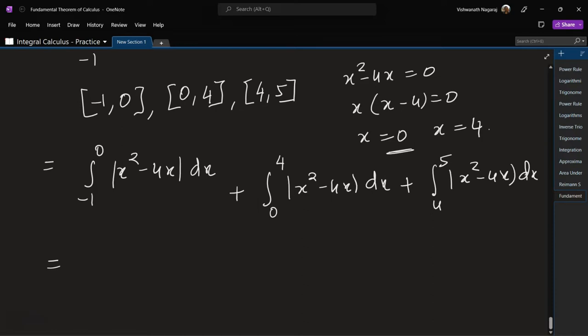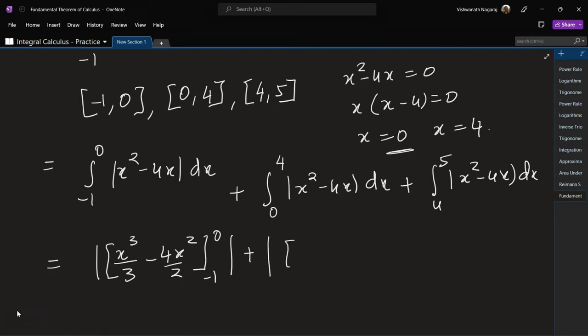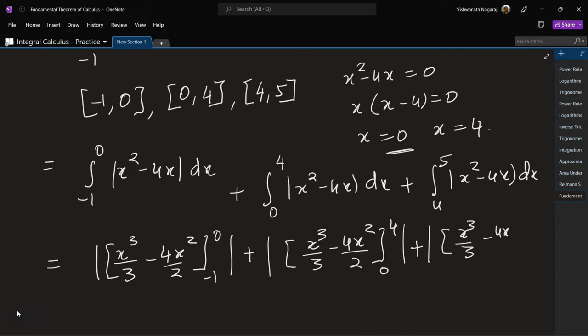Now let's integrate. What do we get? Absolute value of x cube by 3 minus 4x square by 2, and let's put the bracket also, from minus 1 to 0, absolute value, plus absolute value x cube by 3 minus 4x square by 2, from 0 to 4, and absolute value, plus absolute value x cube by 3 minus 4x square by 2, from 4 to 5.